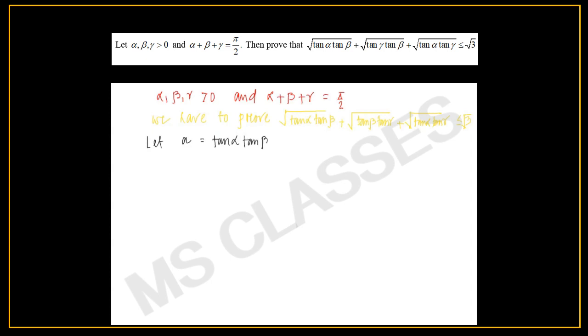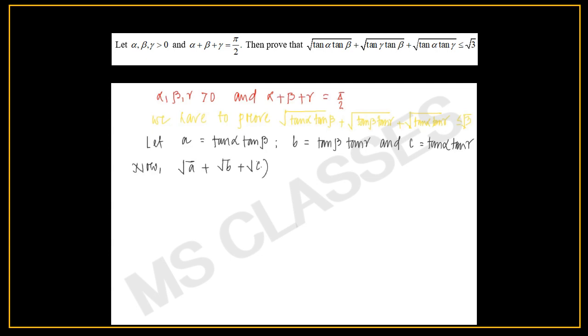We are taking this so that we can simplify very easily. B equals tan beta tan gamma, and C equals tan alpha tan gamma. So now we have root A plus root B plus root C.